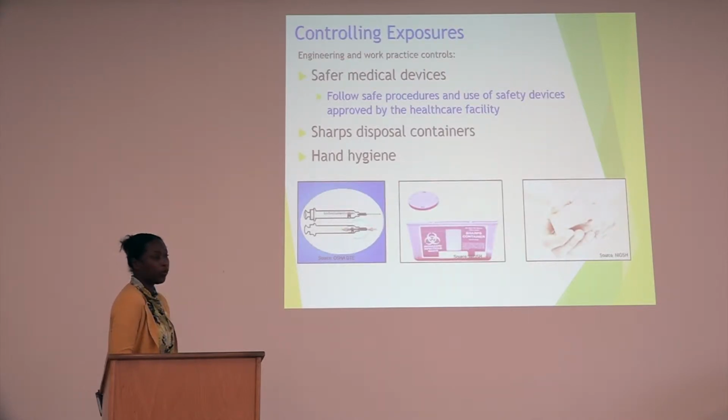One of the things that we do from an administrative standpoint is we make sure that you have the proper equipment. As we talked about, needle stick is the most common form of bloodborne pathogen exposure, so we want to make sure that you have safe needles. And today, most of the needles that we use have a safety feature.